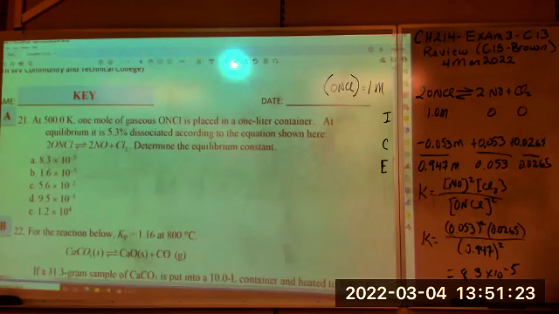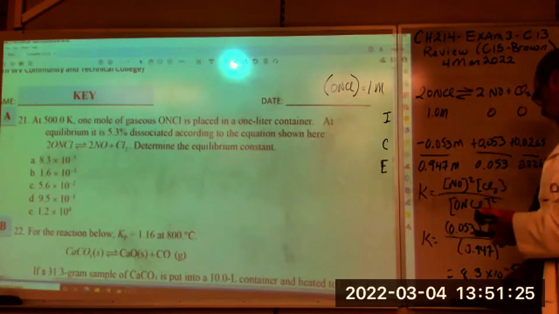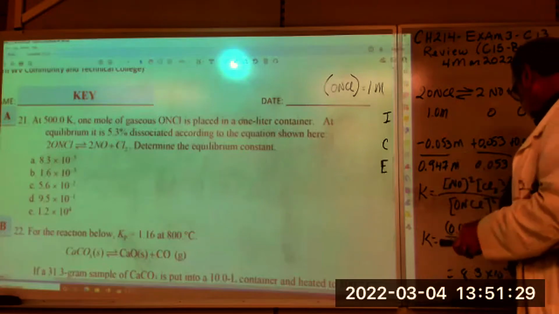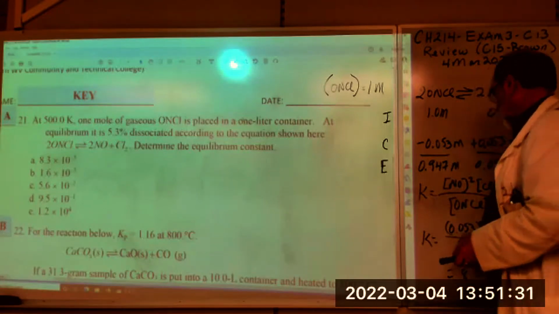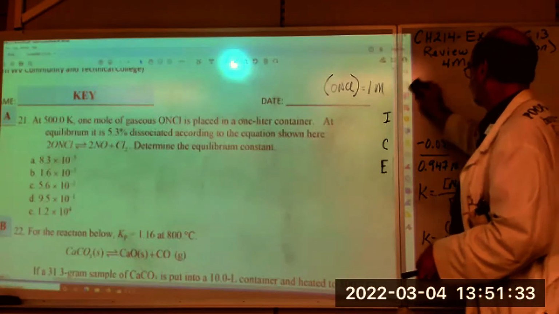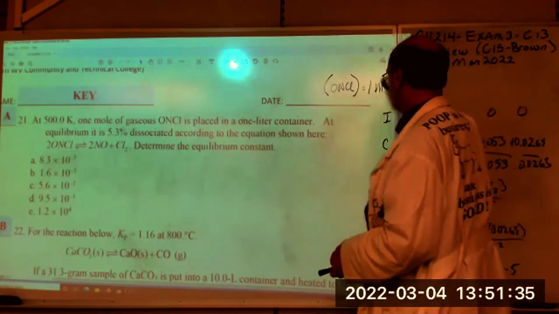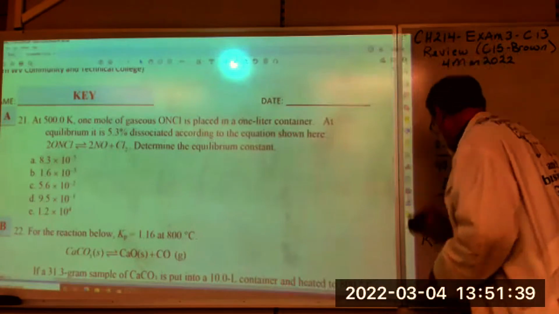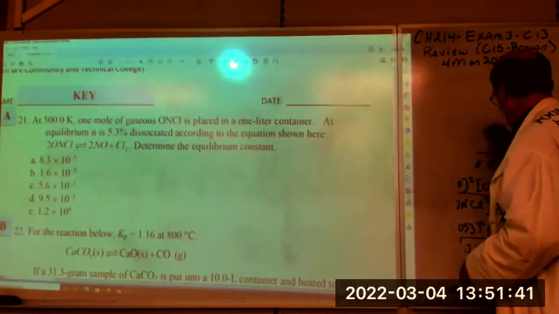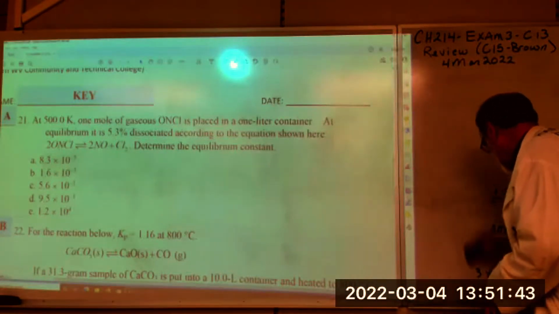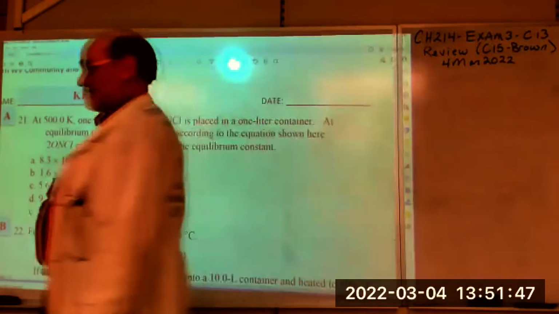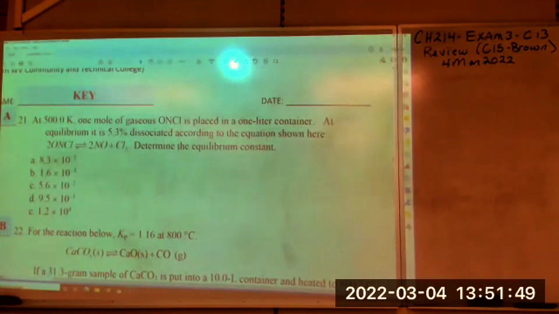Okay. We had to use the ICE table to get that one. I'll have to use it for the next. Let's see. Maybe we didn't.